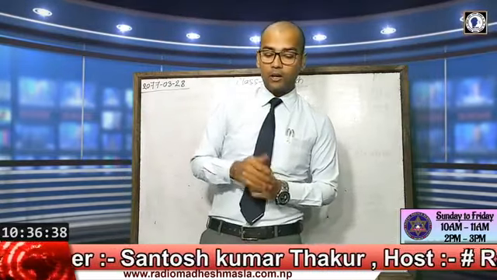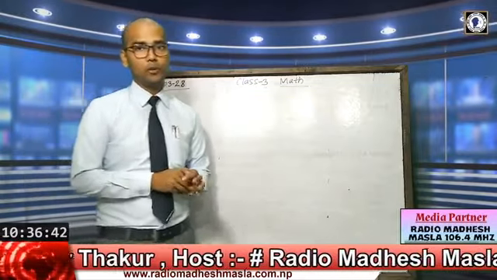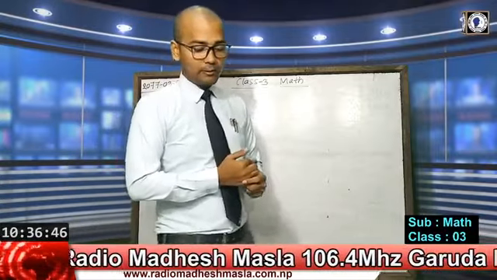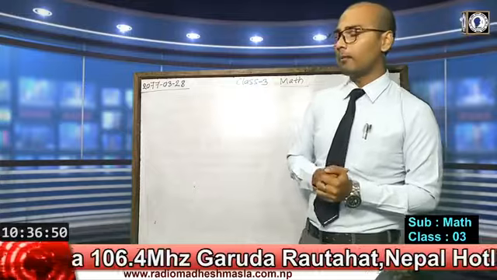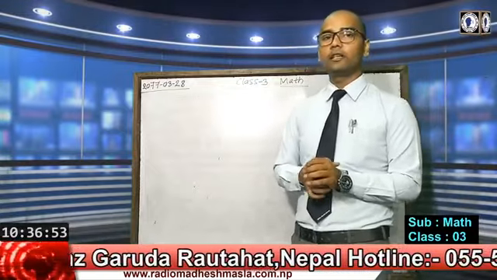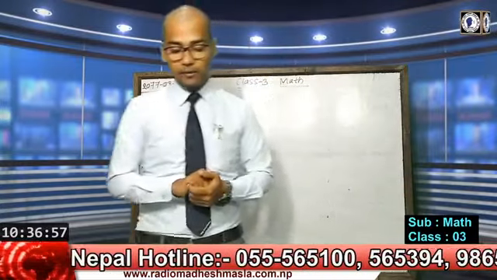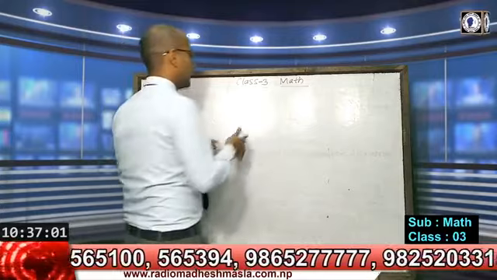We learned how to construct line segments by using rulers, or by using scales. In the same way, we draw different types of figures by using different types of line segments, that means vertical, horizontal and slanting line segments. Today we have the new topic, that is triangle.